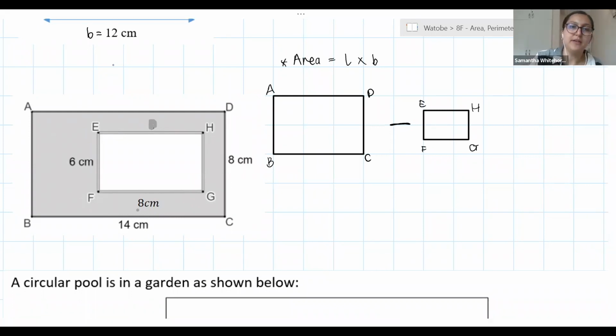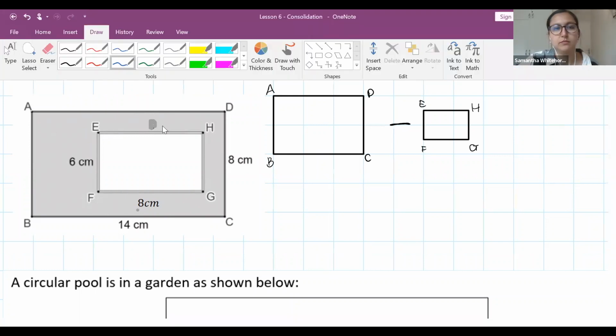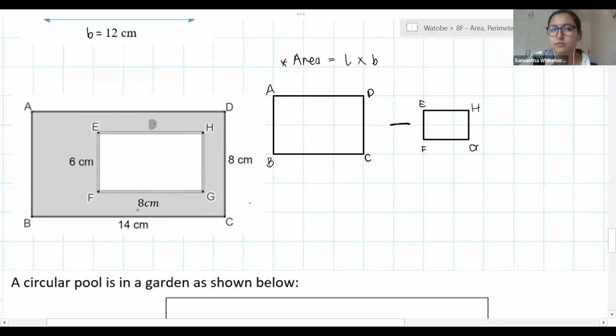Remember, this is area, so it needs to be units squared. If you do have an answer, you're welcome to pop it in the chat, or you can put your hand up if you want to explain.